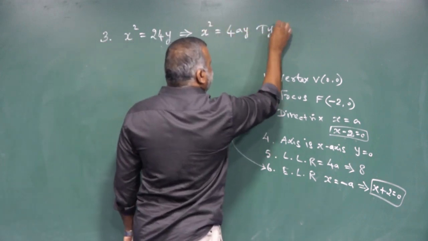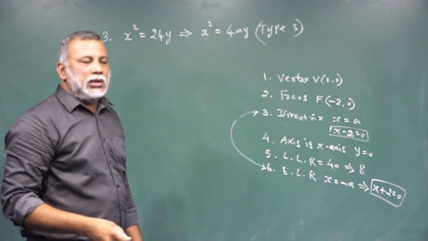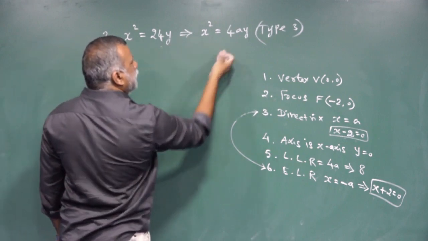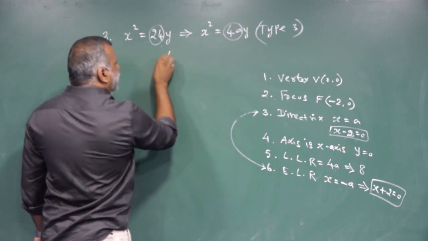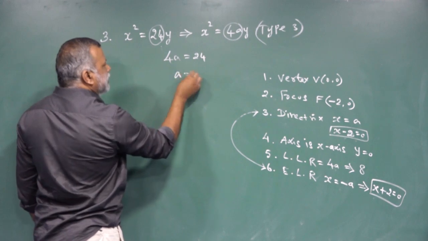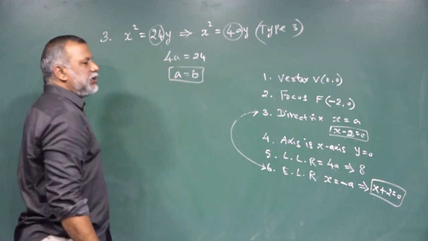This is type 3. What is the name of type 3? Open upward parabola. So compare x squared equal to 24y with x squared equal to 4ay. This 24 is equal to 4a. Therefore, 4a equal to 24. From this we can say a equal to 6.